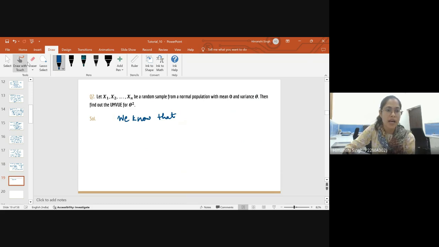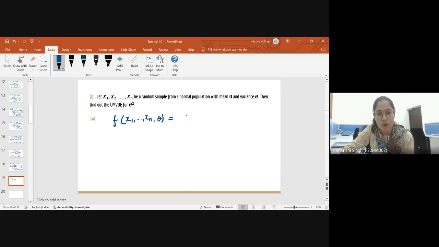Okay, let me start from the density onwards. If I write the density of X1 up to Xn given theta, since they are a random sample, it will be the product of the densities.